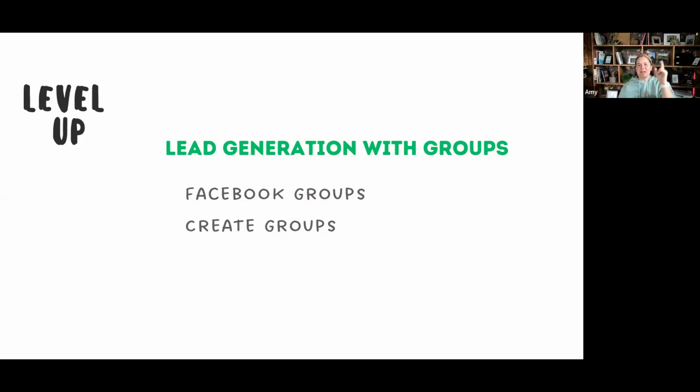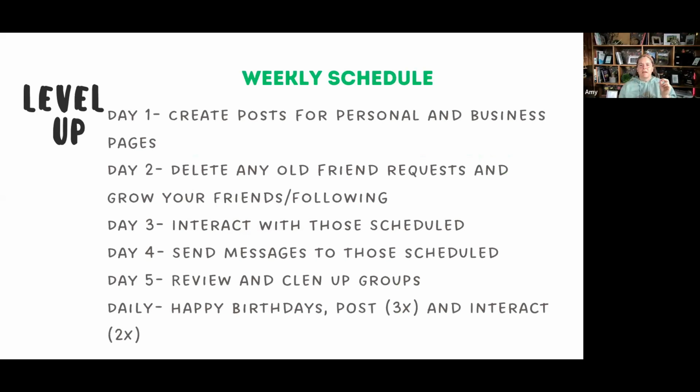So here's the summary. Daily, you want to post with a goal of 3 times per day, wish happy birthdays, and interact with those that interact with you at least 2 times per day. So if we're doing this on a weekly basis, a schedule and a process.